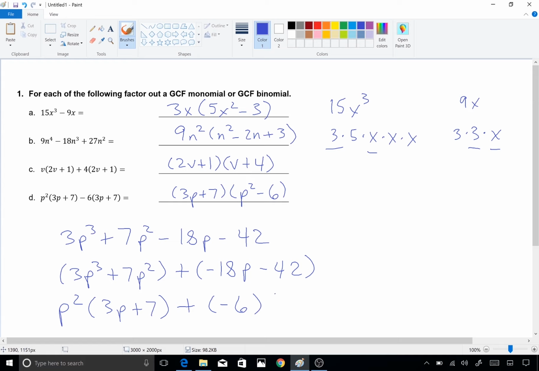And that leaves me, and that's going to equal, same as we had up here. This is an example of factoring by grouping. And if you're given a polynomial with 4 terms in this class, I think this is the only way you're going to be able to factor it.